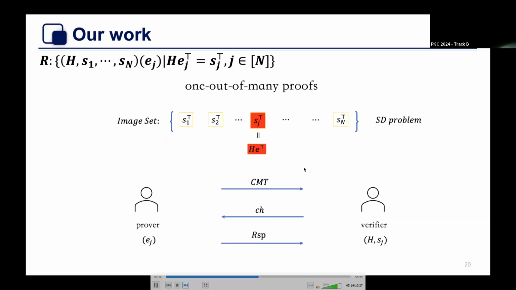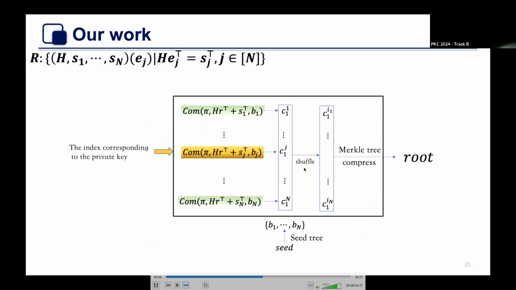SD-based one-out-of-many proofs consist of a parity check matrix H and n syndromes. The prover proves that it has a pre-image of some syndrome. The prover first generates n commitments, C11 equals H r as S1, pi, B1, to CN1 equals H r as Sn, pi, Bn.